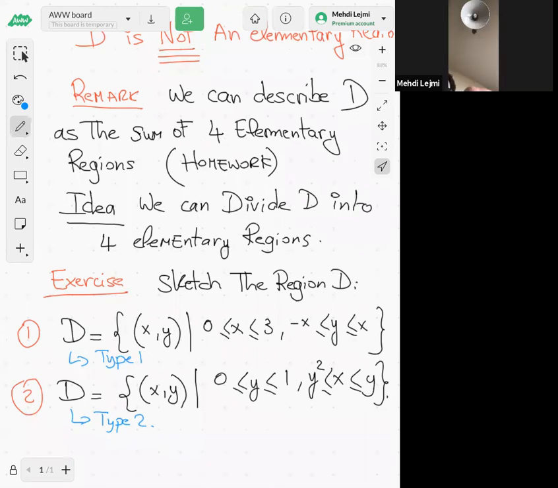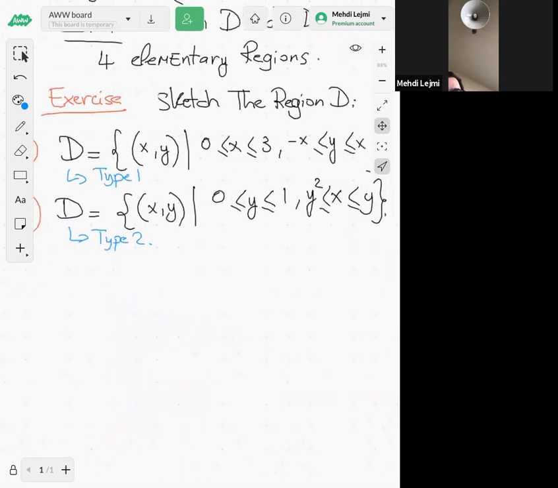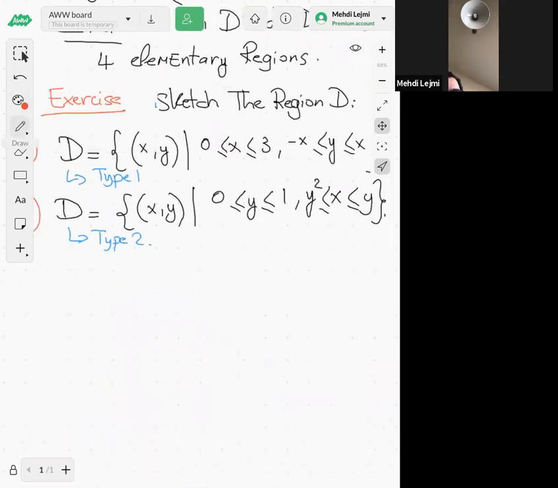So for the first region, here's my x-axis, y-axis.